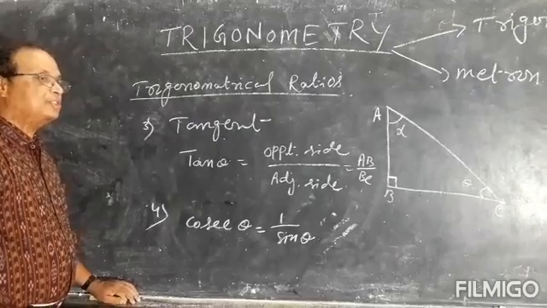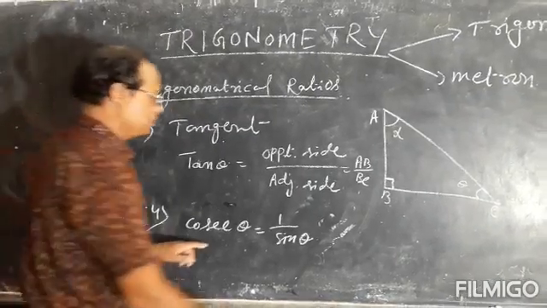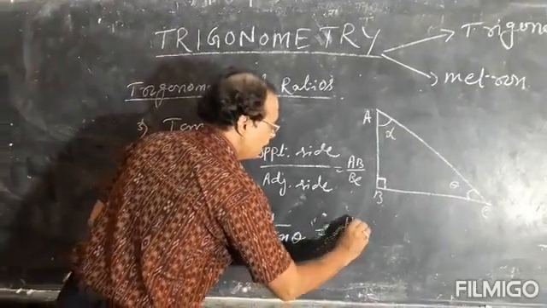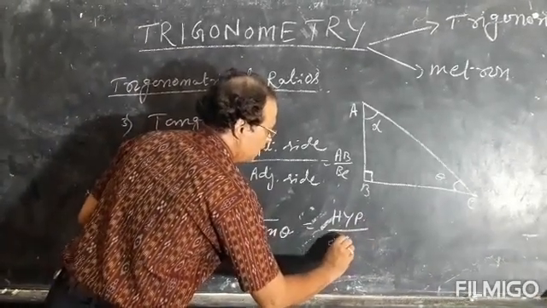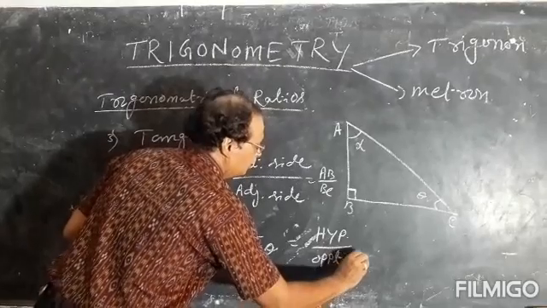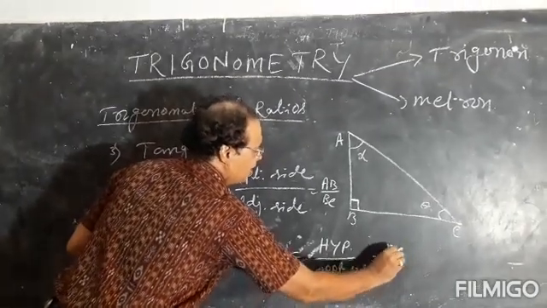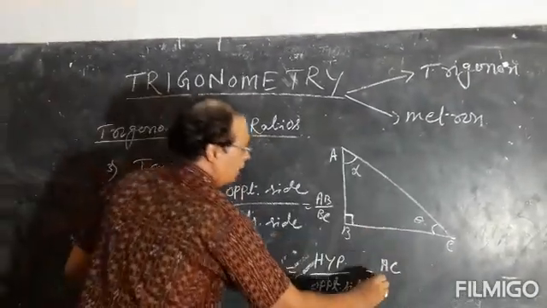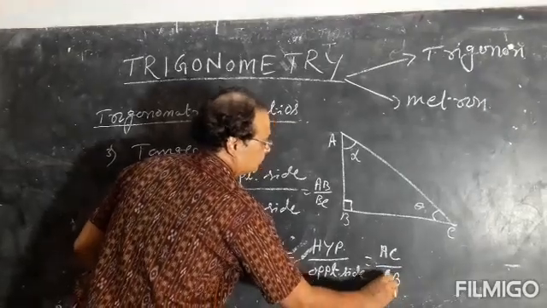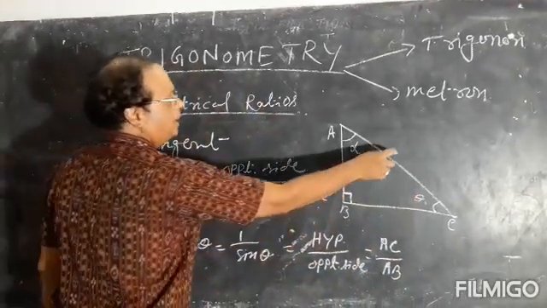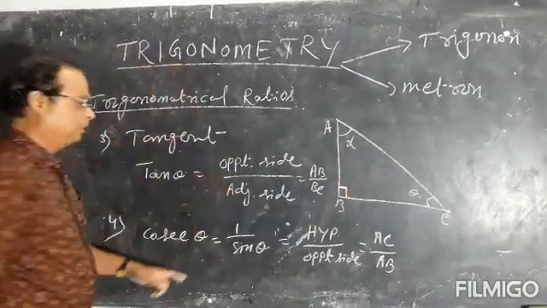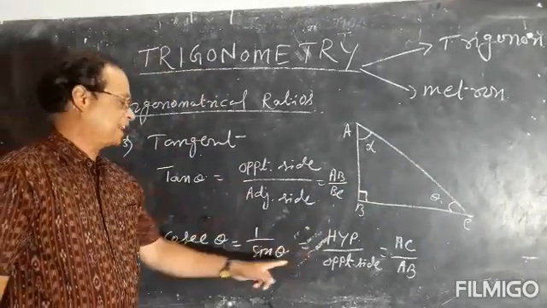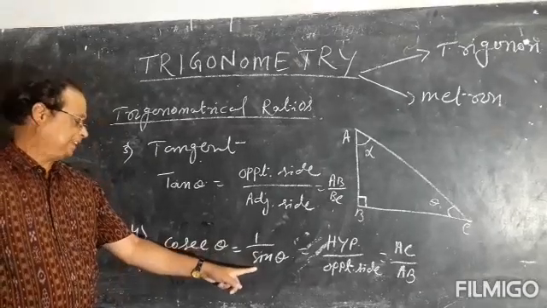Now sin theta is opposite side by hypotenuse, so cosec theta is hypotenuse by opposite side. Sin theta is opposite side AB by AC, so cosec theta is AC by AB. It is hypotenuse by opposite side, the reciprocal of sin theta.